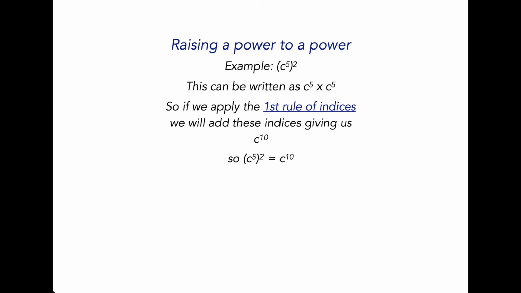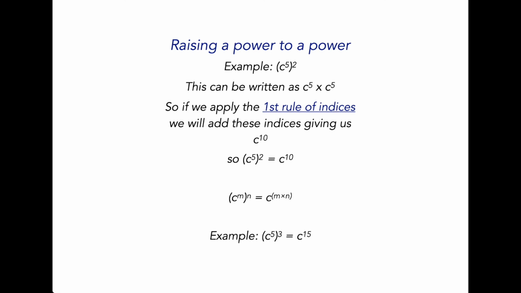Now we'll apply our first rule, the one about multiplying. So we'll add the indices, giving us c to the power of 10. We've now evaluated our example to be c to the power of 10. That is, we've multiplied our powers 5 times 2 to get 10.